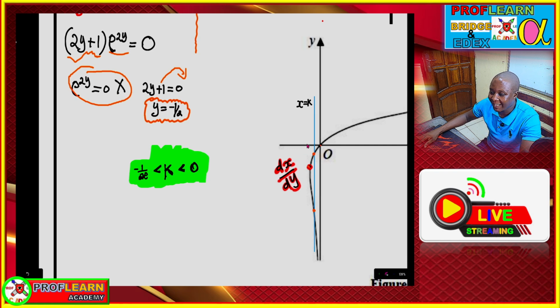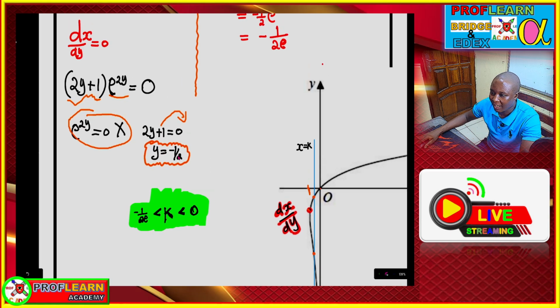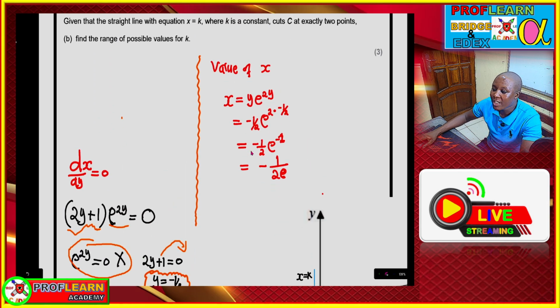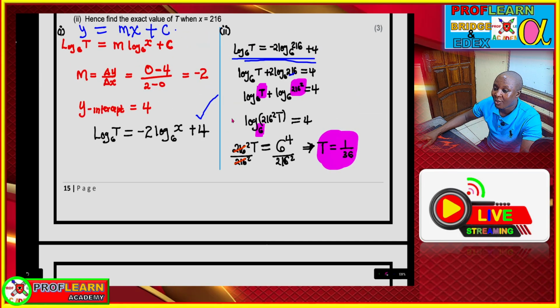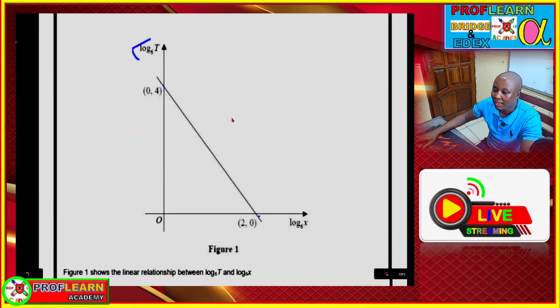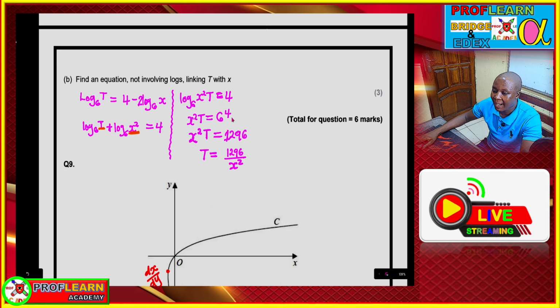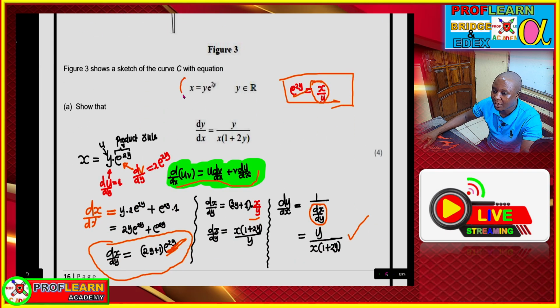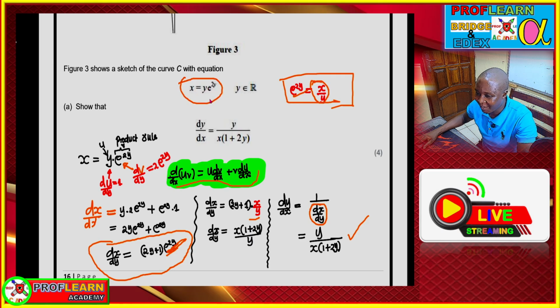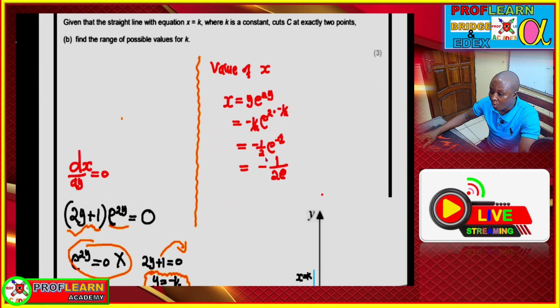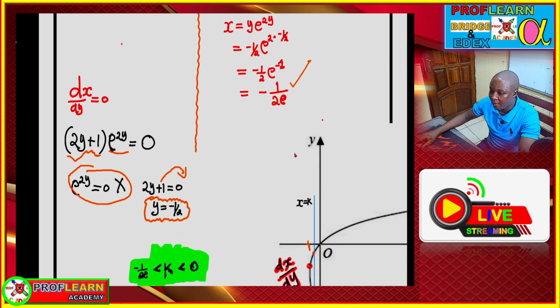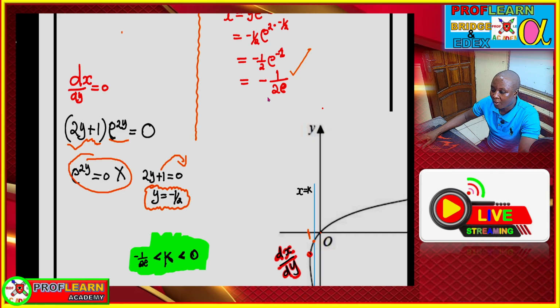If you want to find the x value, you are going to substitute y equals negative a half into the original equation. The original equation, guys, was the equation that we were having here. So if you substitute y equals negative a half, you will know the value of x, and that is exactly what we are interested in.